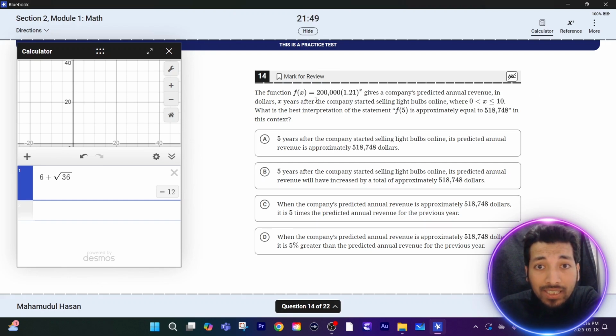The function f of x is equal to 200,000 times 1.21 to the power of x gives a company's predicted annual revenue in dollars x years after the company started selling light bulbs online, where x is between 0 to 10 inclusive. What is the best interpretation of the statement f of 5 is approximately equal to 518,748 in this context?